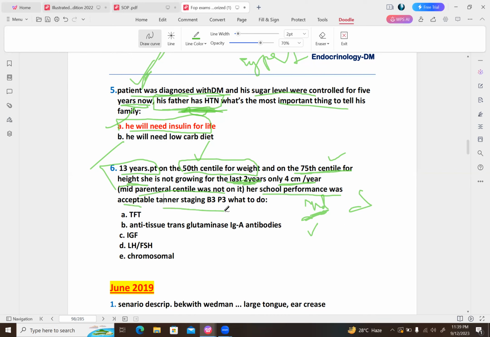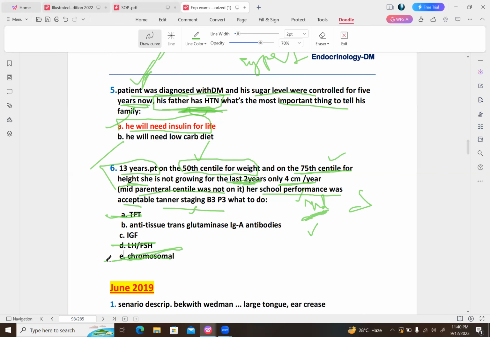This is also acceptable. If her puberty is acceptable and school performance is acceptable, it means TFT is excluded. Tanner staging is acceptable, so LH and FSH are excluded. There are no features that point towards any chromosomal anomalies. So this is out.